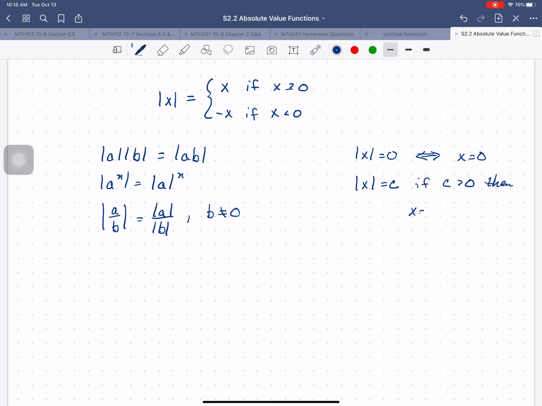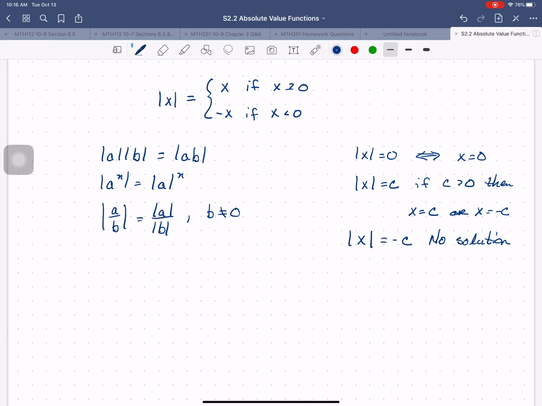Then x must be c or negative c. If you're asked to find absolute value of x equals some negative number, absolute values are always positive, so there is no solution there.